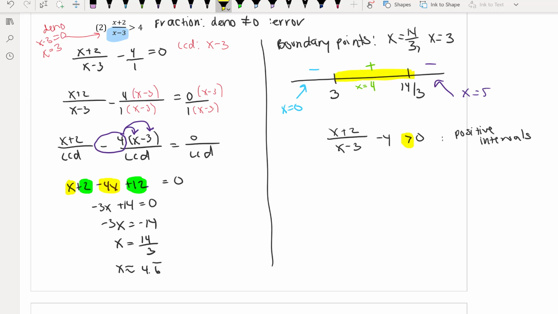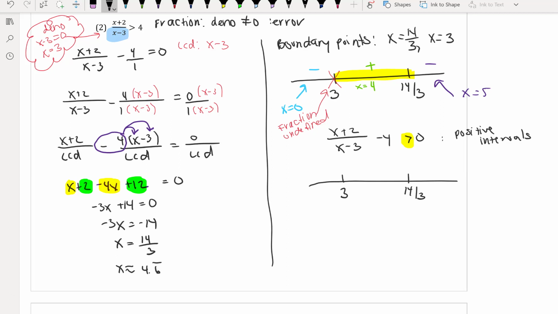So that's here. And remember that the denominator, when x is equal to 3, because it's a fraction, this is where the fraction is undefined. So we cannot include that point. So I'm going to have my positive 3 and my 14/3.